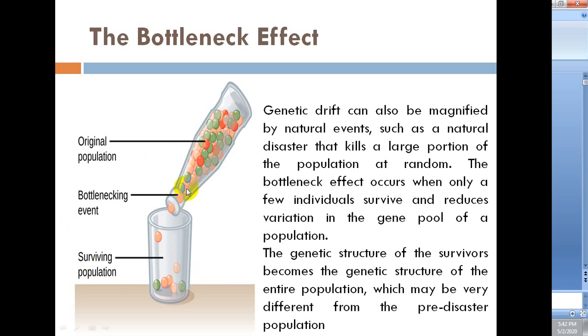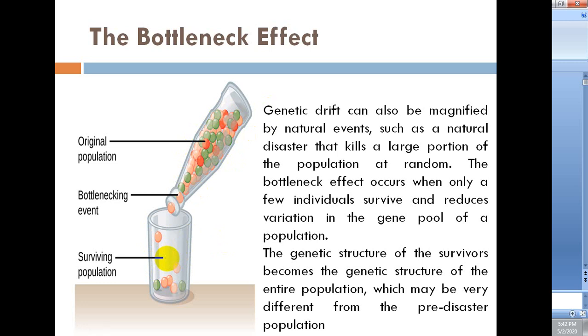Here, due to this natural disaster, very few individuals survive and reduce the variation in the gene pool of a population, and the genetic structure of the survivors becomes the genetic structure of the entire population, which may be very different from the pre-disaster population. If you compare the allelic frequency before the disaster and after the disaster, they will vary a lot.